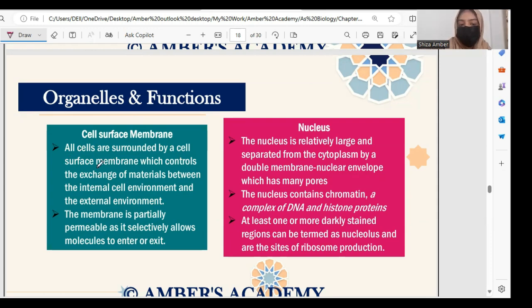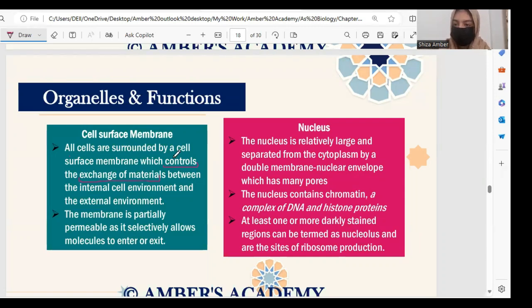All cells are surrounded by a cell surface membrane, which controls the exchange of materials between the internal cell environment and the external environment. So, how is cell surface membrane able to control the exchange of materials?